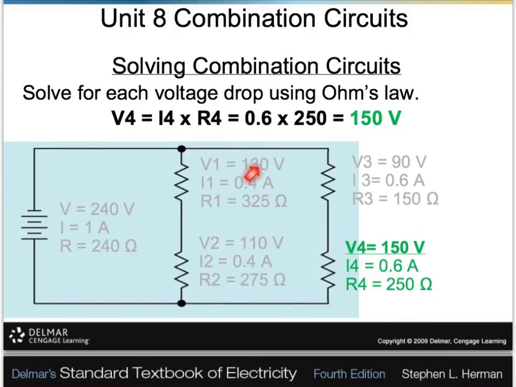Now notice that this 130 volts and this 110 volts add up to the 240 volts we said this was. The 90 volts here and the 150 volts here add up to the 240 volts that we said was in this branch. So that voltage equals the total voltage here and the total voltage there.